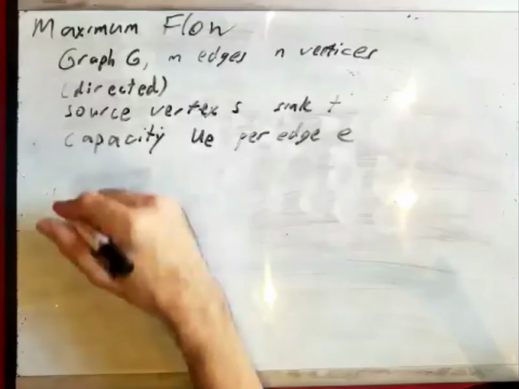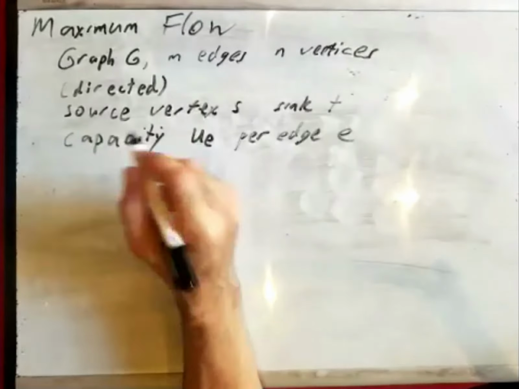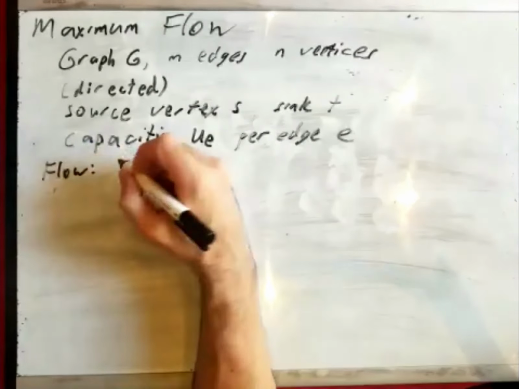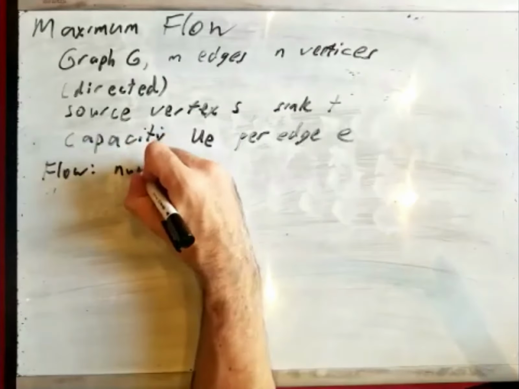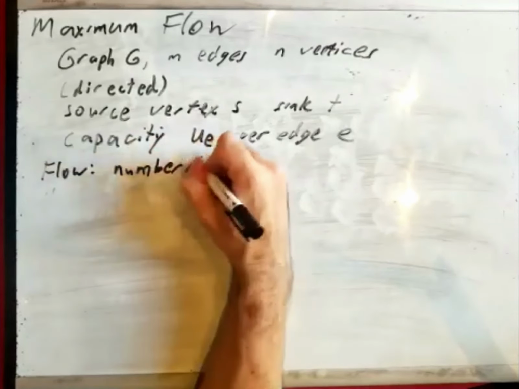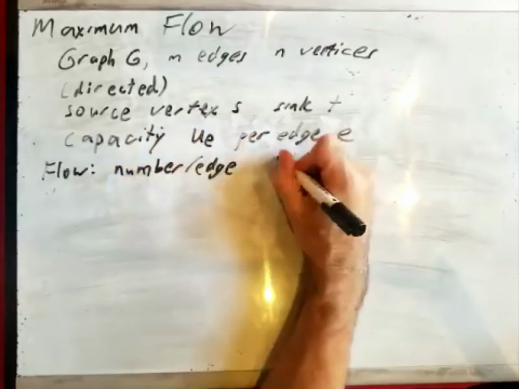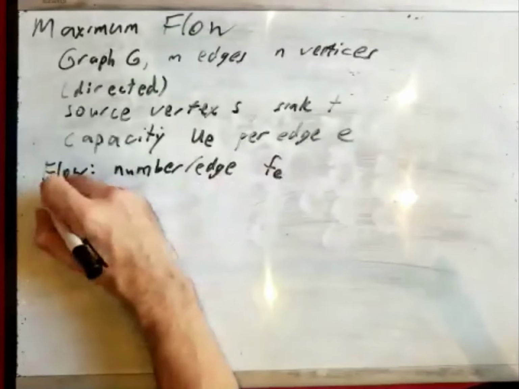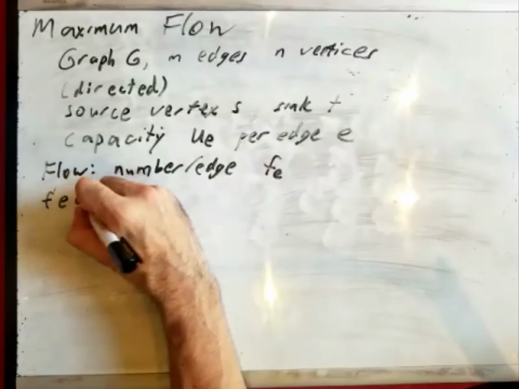The reason is that we'll need C for something else in a couple of weeks. And so now a flow is a number per edge, which I will denote by F sub E. And we call it a feasible flow.